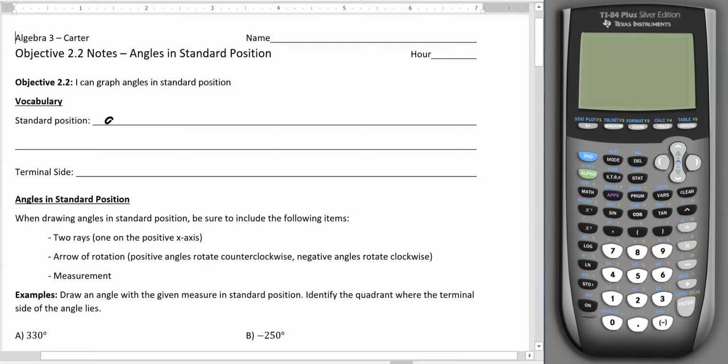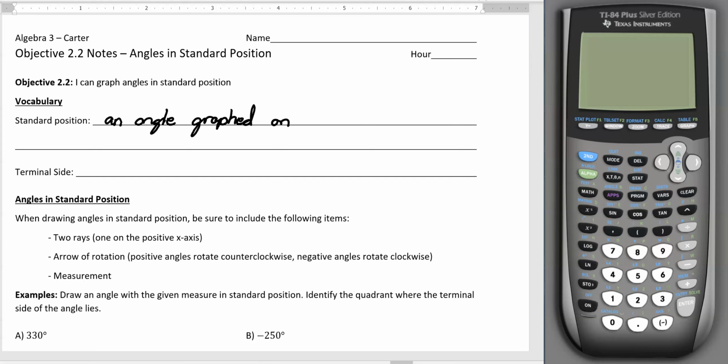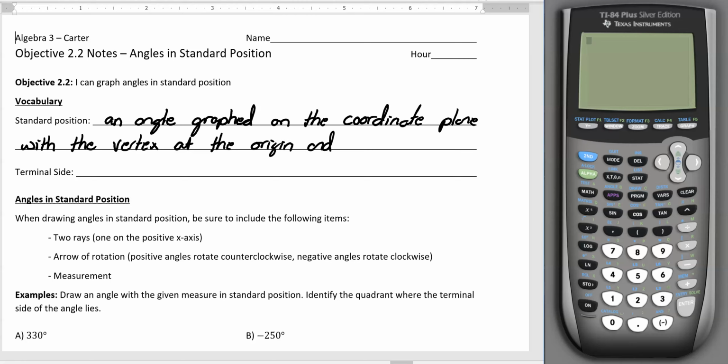Standard position is an angle graphed on the coordinate plane. So when I say coordinate plane, I mean the XY coordinate plane we're familiar with, with the vertex at the origin, and a ray on the x-axis.